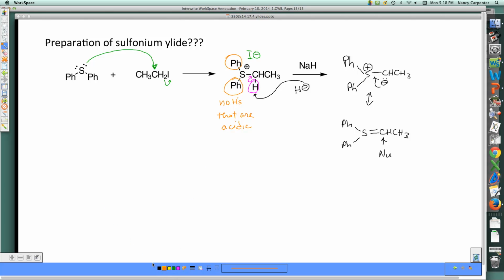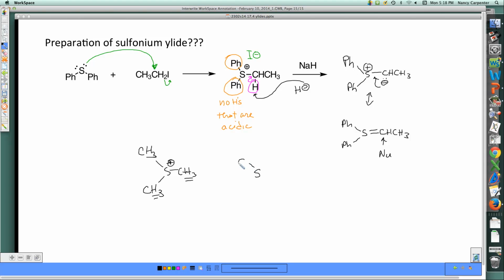You'll note in your textbook that there are typically sulfonium salts that are all bearing the same kind of alkyl group. If that's the case, then again, there's no question about what ylide structure will result, because all three of these are exactly the same.